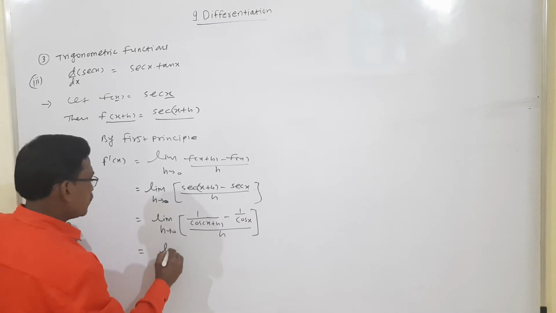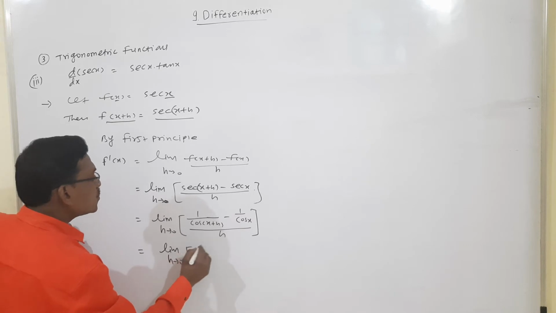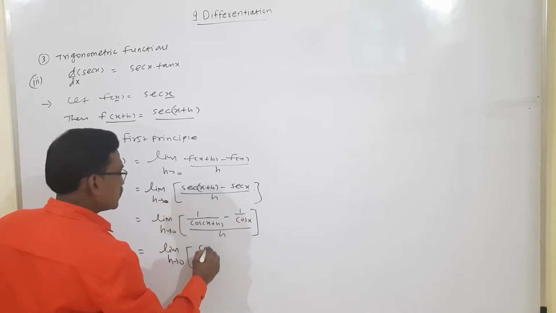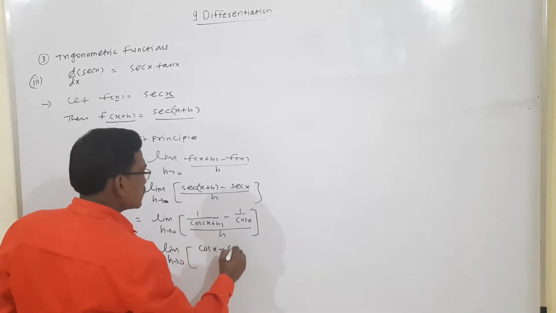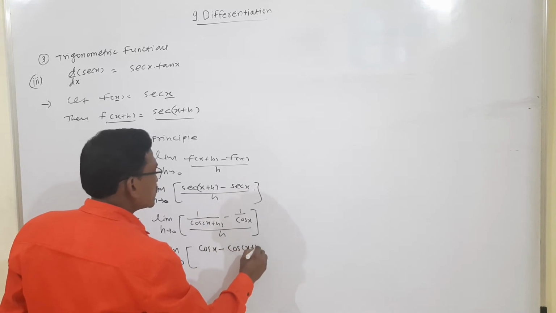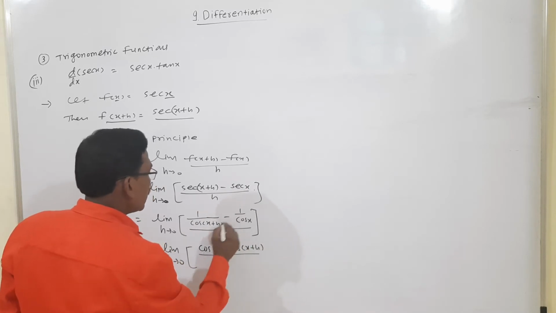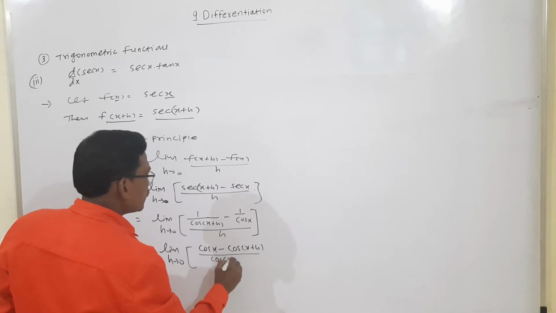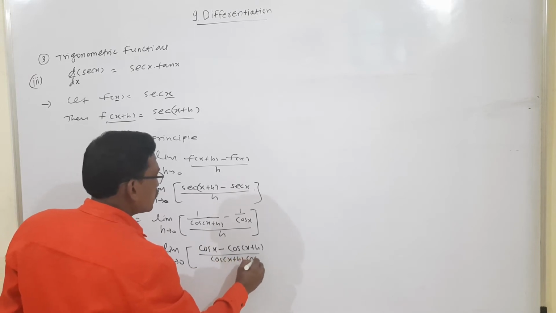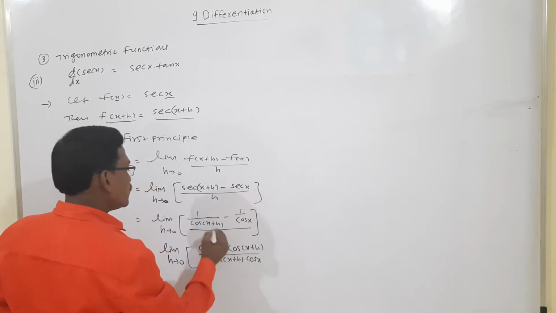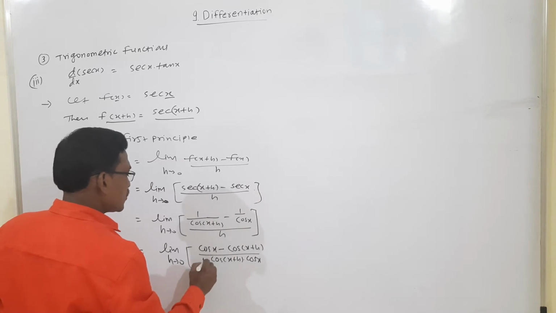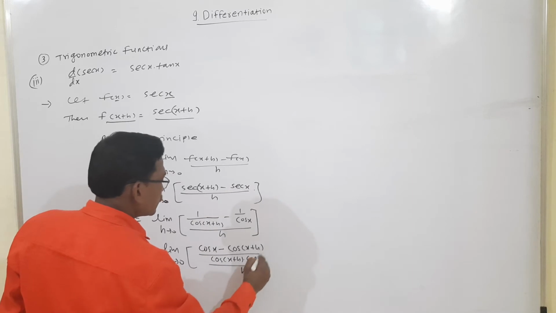It is equal to the limit as h tends to 0 of cos x minus cos of x plus h, divided by cos of x plus h into cos x into h, whole divided by h.